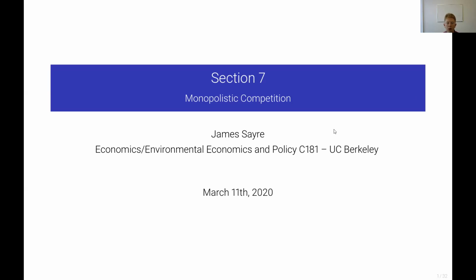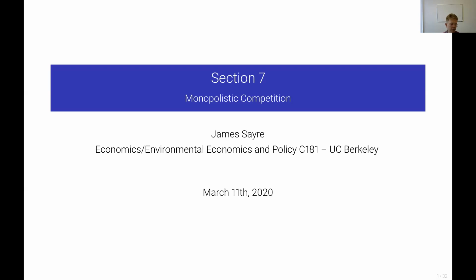Okay, so let's jump right in. Just to give you an outline of where we're going to go in section 7, we're going to review the monopolistic competition model. We're going to review 2 of the curves which define the equilibrium in the model, and go through a numerical exercise in this model as well.